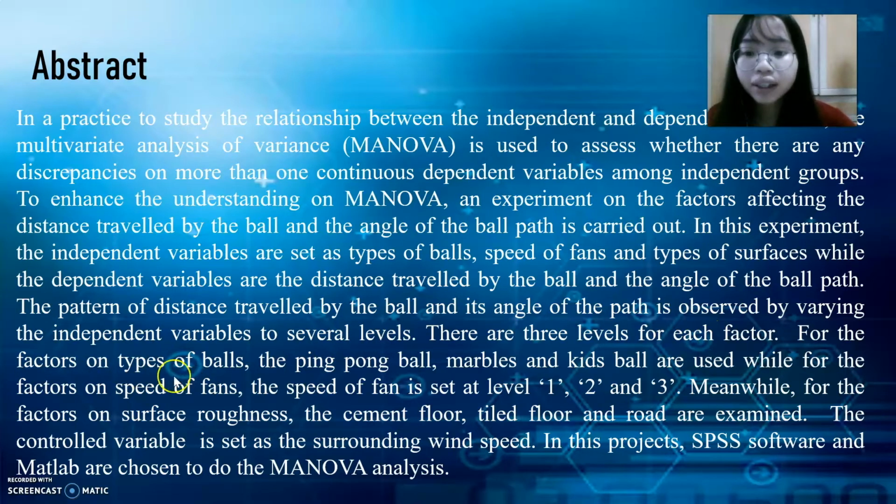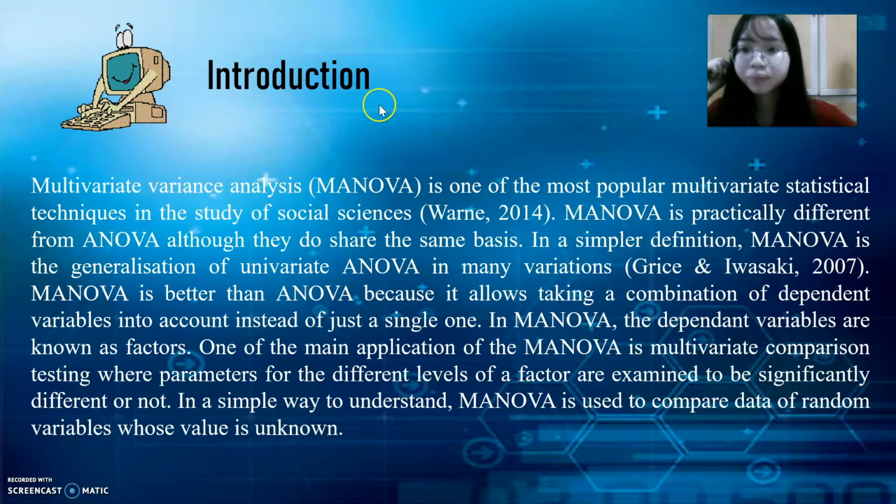For the type of ball, we use ping pong ball, marbles, and kickballs, while for the speed of fan, the speed is set at level 1, 2, and 3. Meanwhile, for the type of surface, the cement floor, tar floor, and road are examined. The control variable in our experiment is the surrounding wind speed. In this project, SPSS software and MATLAB are chosen to do the MANOVA analysis.